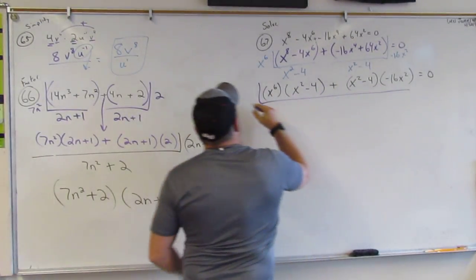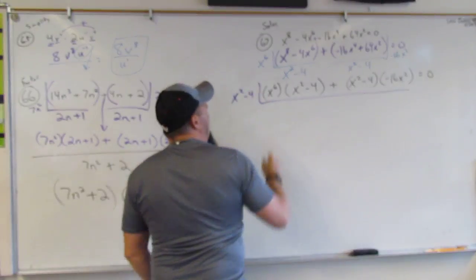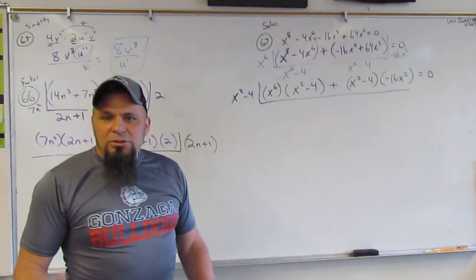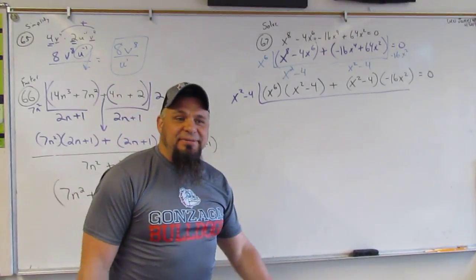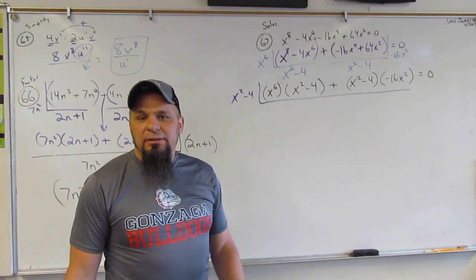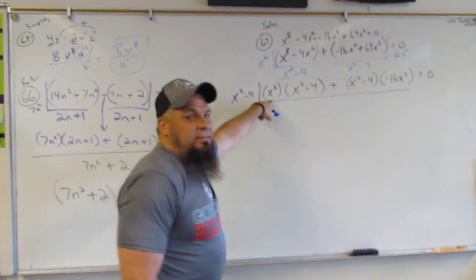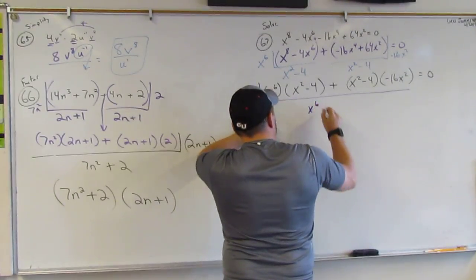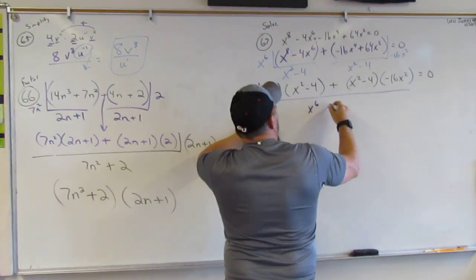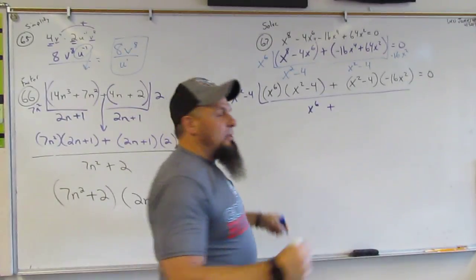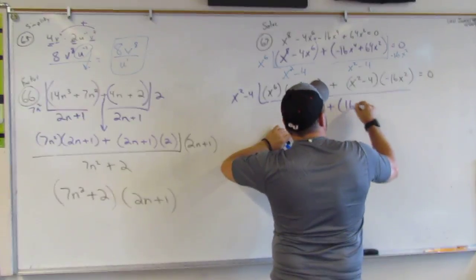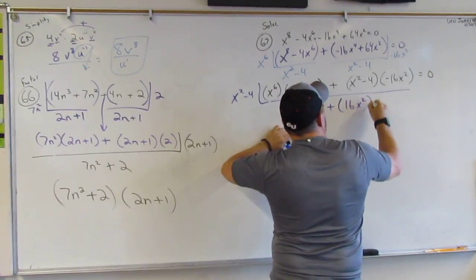Yes, the x squared minus 4 is common. So if I pull that out, what's left? The x to the 6th, right? Plus how much? Negative 16 x squared, right?